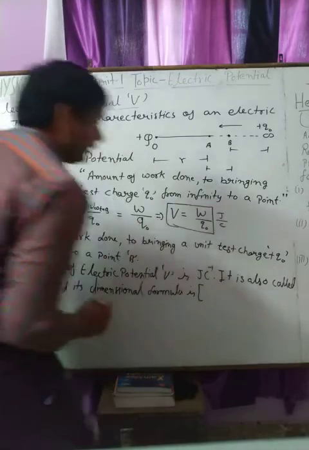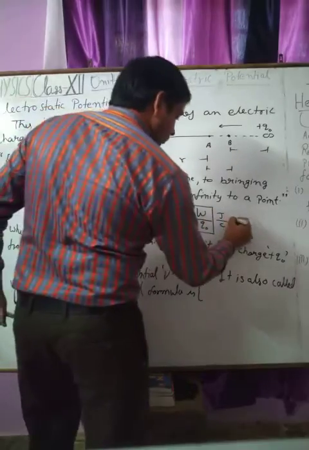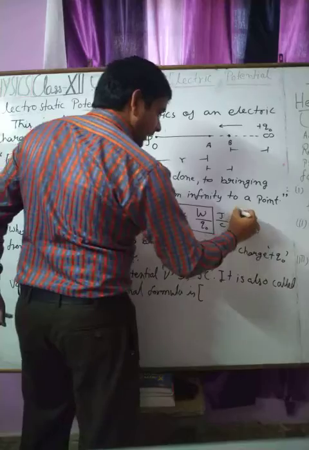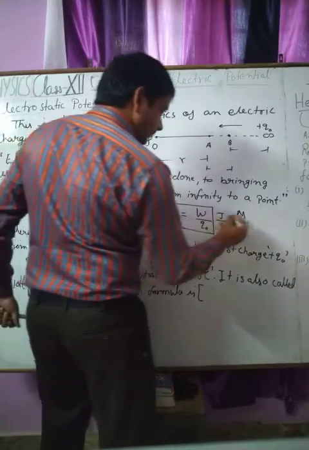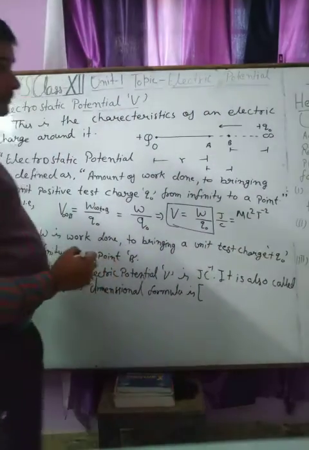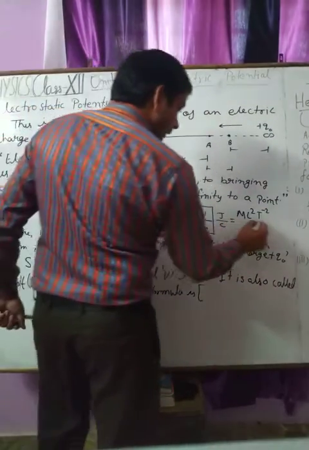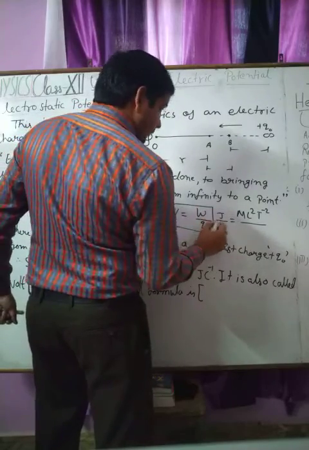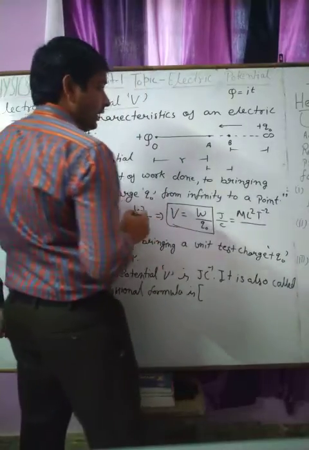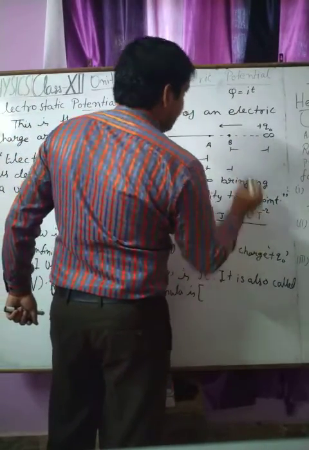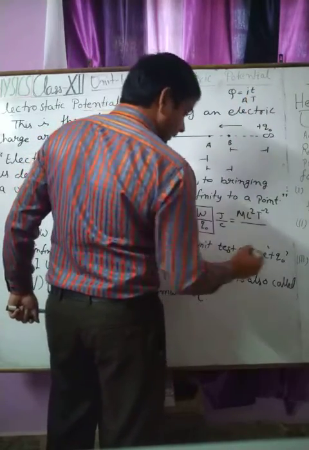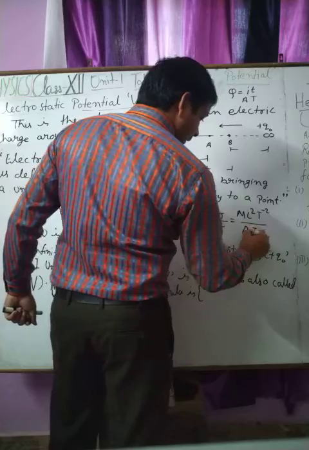okay students, you all know this is work done, and work is energy, and energy has dimension M L2 T minus 2. And q is I into T. I has dimension A and T has dimension T, so we use A T here.